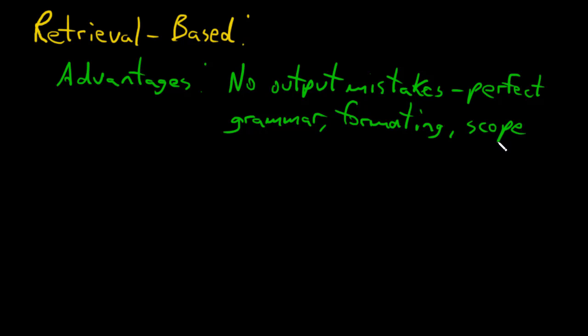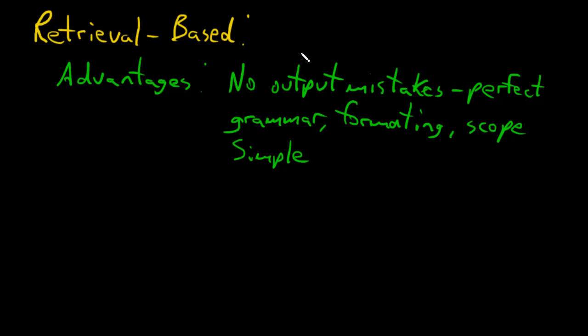Okay. The other huge advantage is that they are simple. Once you have the retrieval-based chatbot code implemented, you can change the input data part of the database and the output part of the database at any point, and it will completely change how the chatbot functions.